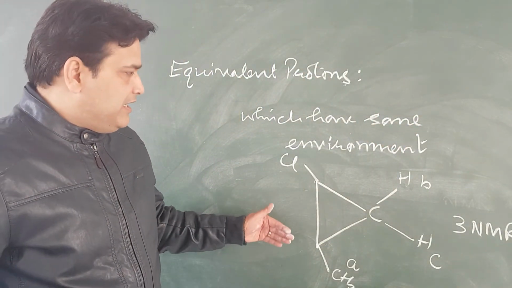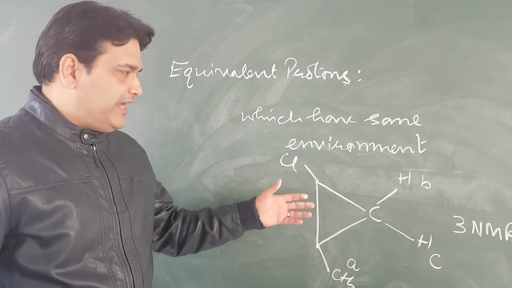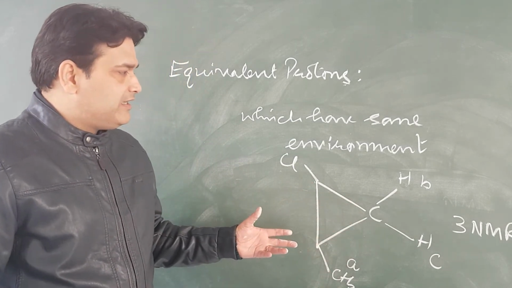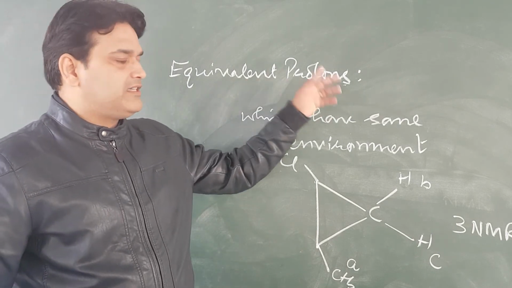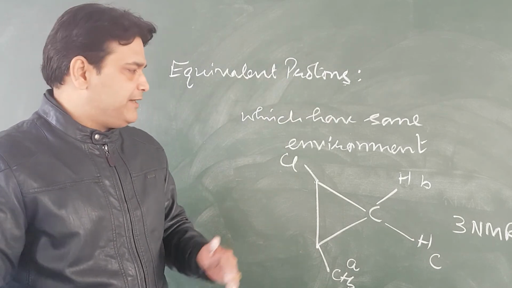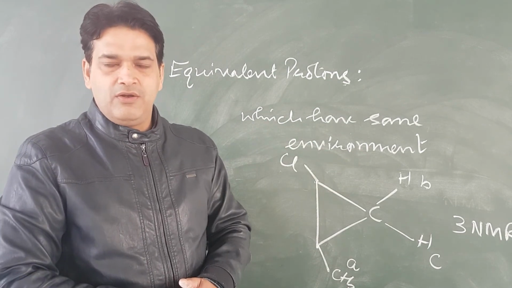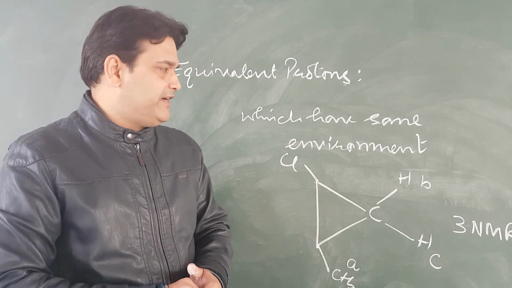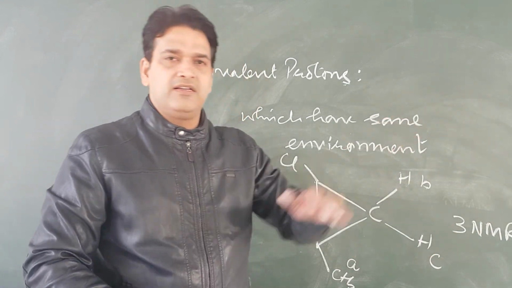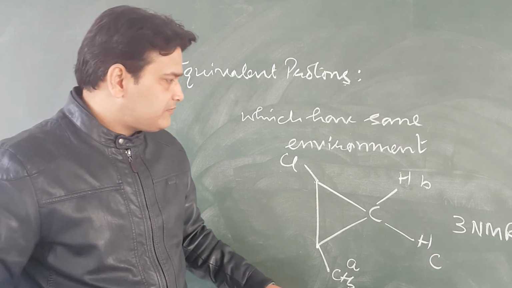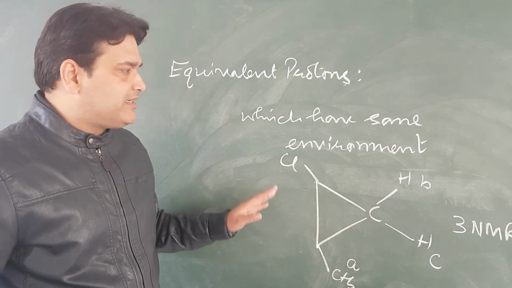So this is the simple approach to calculate the number of equivalent sets of protons, and by calculating it, we will be able to find out how many NMR signals there will be.